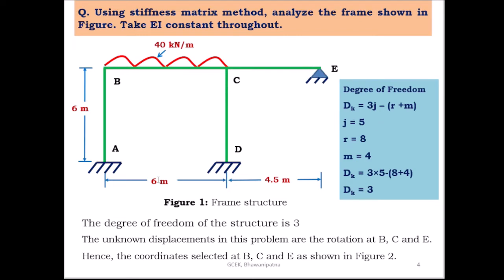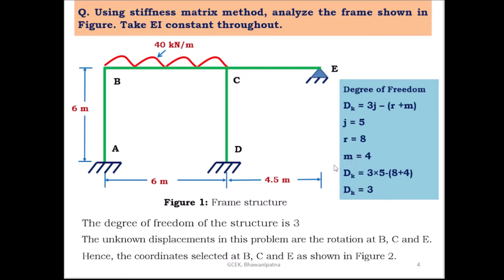Then the number of reaction components: at support A 3 reaction components, at support D 3 reaction components and at support E 2 reaction components. So the total reaction is 3 plus 3 plus 2, so r is equal to 8. Then the number of members is equal to 4: AB, BC, CD and CE. So m is equal to 4.